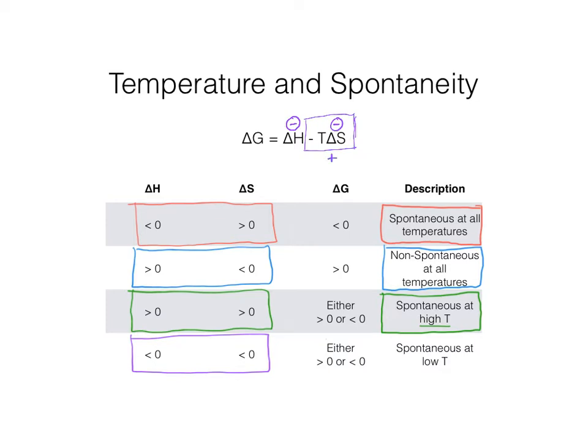And so we have a negative and a positive, which means that this T delta S term has to be less than the delta H value. Okay, so we can think about this with numbers again. If delta H is 200 and T delta S is a negative 100, then that means that we have 300.